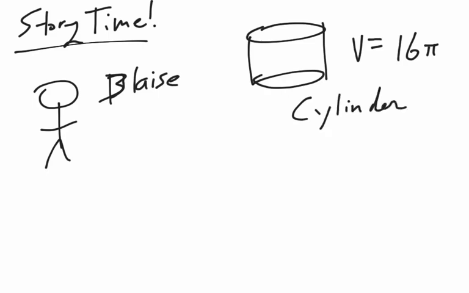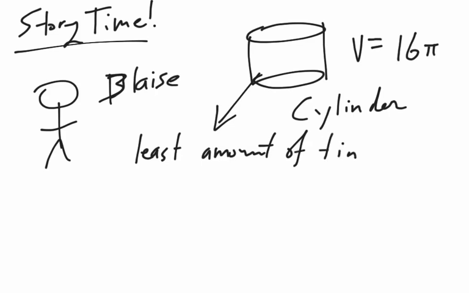And because I'm lazy and I want the company to save money, see, we're trying to optimize something, I need you to make the can that has the least amount of tin in it, so that I can get the most bang for my buck. Basically, I want the least amount of tin that still gets me 16 pi volume units.